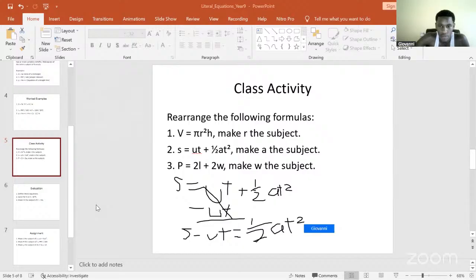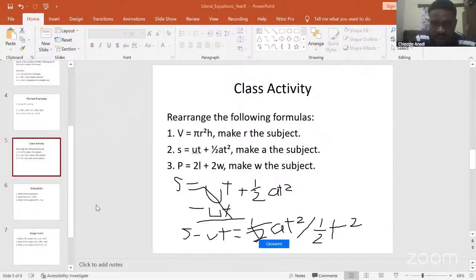Then I divided both sides by one half times t squared. That canceled out.